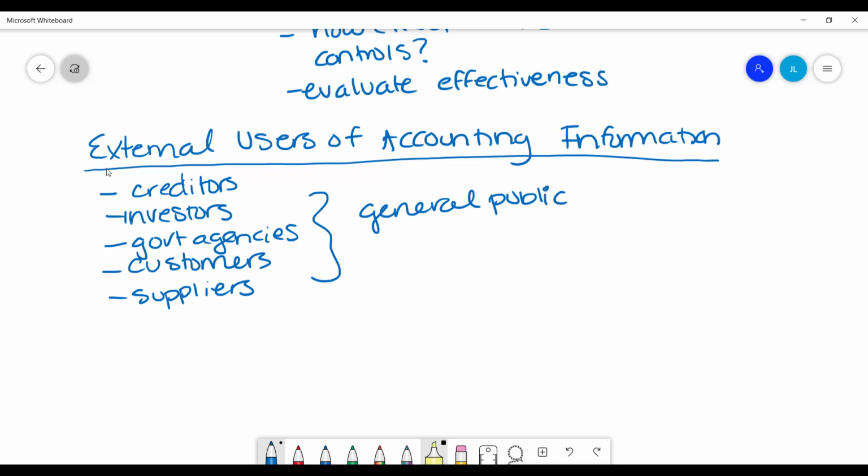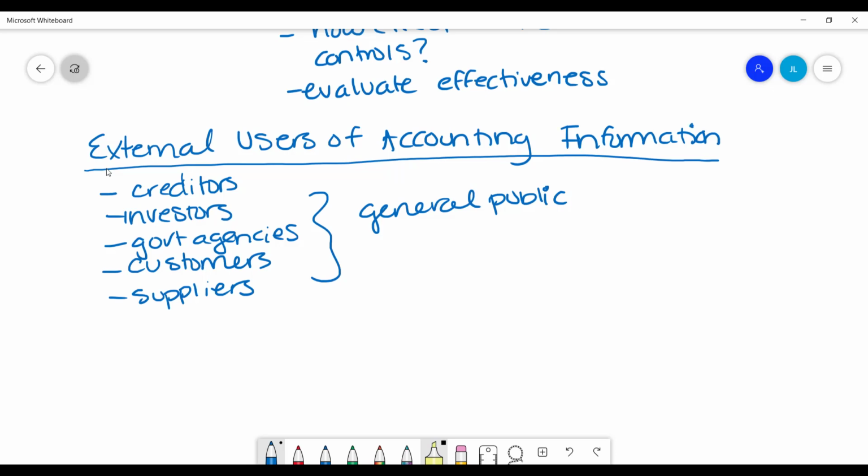Because if you think of a public company like Google, anyone can go look up their most recent financial report, right, and see all of that information for the last fiscal year. So external users is just anyone outside of that organization.